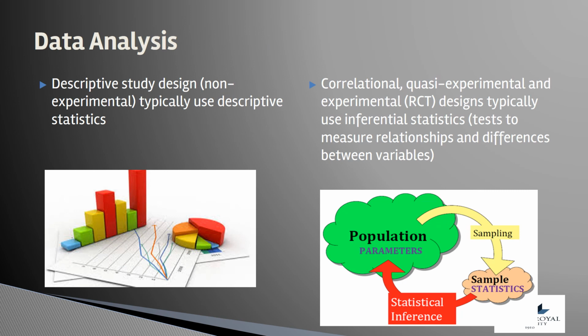Just getting down to our last couple of slides here on data analysis. I've alluded to this in the quantitative appraisal worksheet, the things that we need to look for, but with non-experimental research, we're typically looking at descriptive statistics, whereas with RCTs and quasis, we're looking more for correlation or, indeed, that the independent variable impacted the dependent variable.